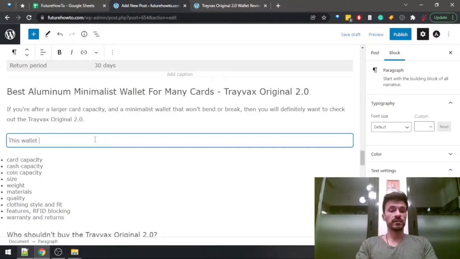This wallet can fit up to 15 cards, which is one of the biggest card capacities out of all minimalist wallets out there.